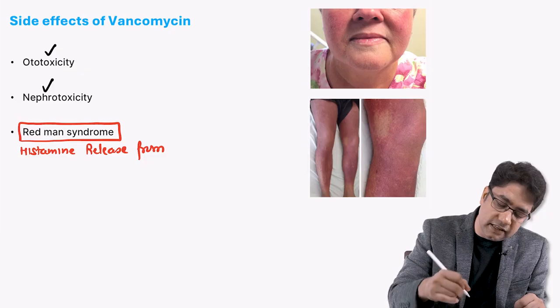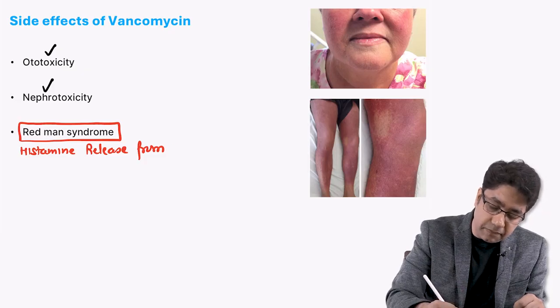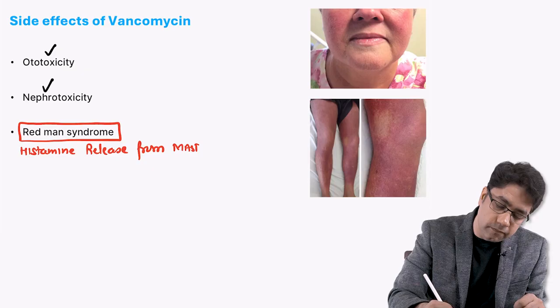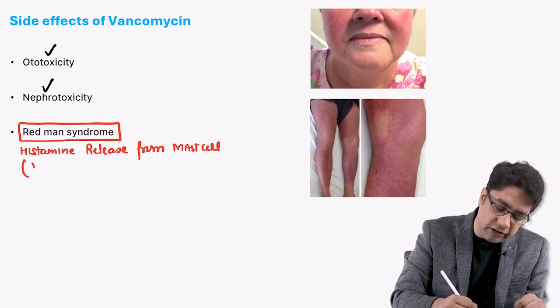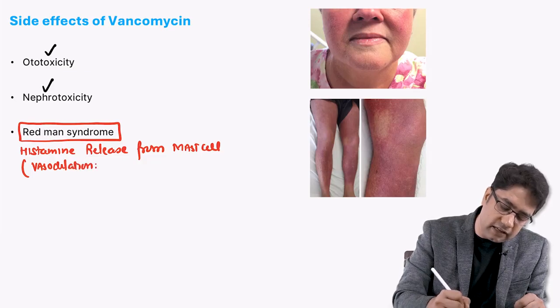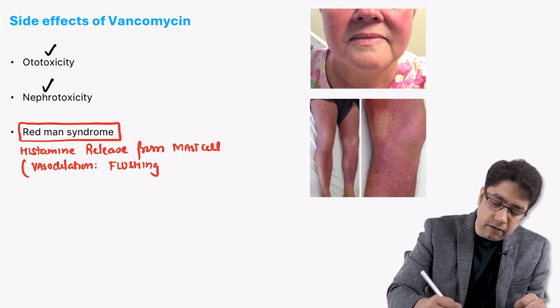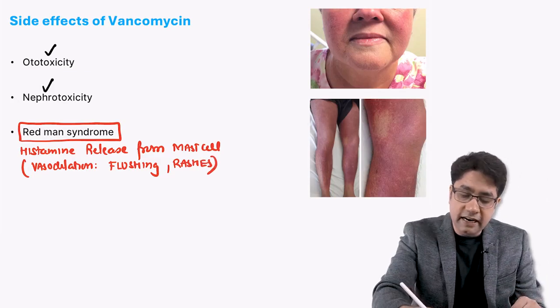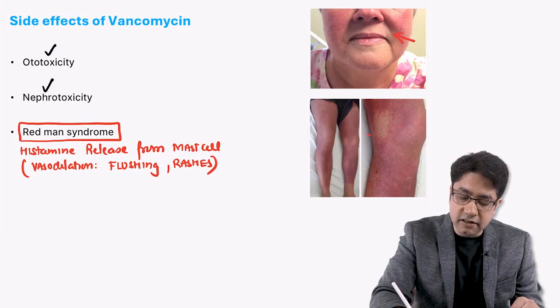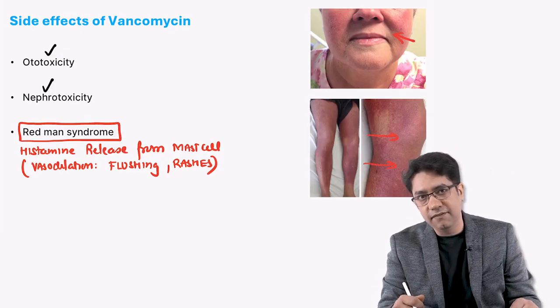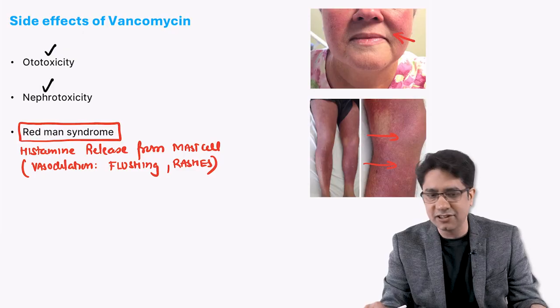Vancomycin can cause histamine release from mast cells, and we all know histamine causes vasodilation. And if there is vasodilation, can we say there will be flushing on skin? There will be red color rashes on skin. So flushing and rashes will turn the color of skin red. So it is known as red man syndrome.